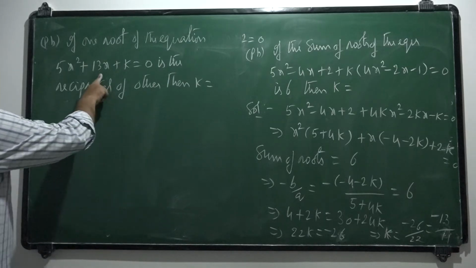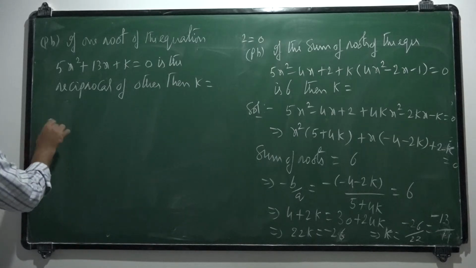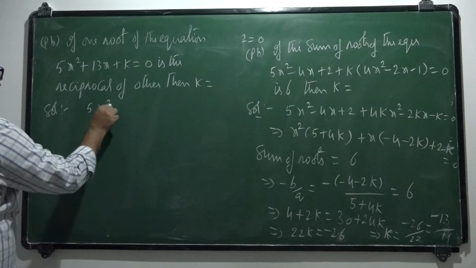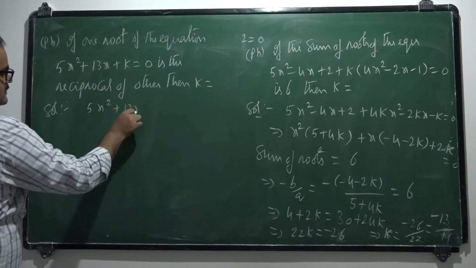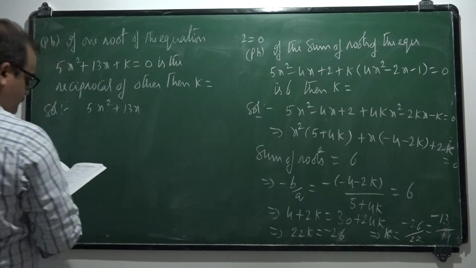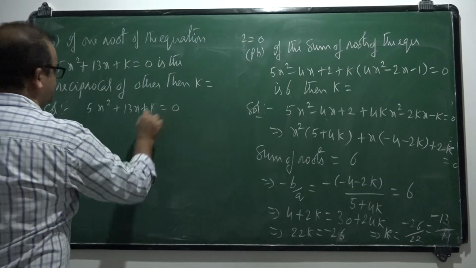One root of this equation is reciprocal of the other. What is the given equation here? 5x square plus 13x plus k is equal to 0.